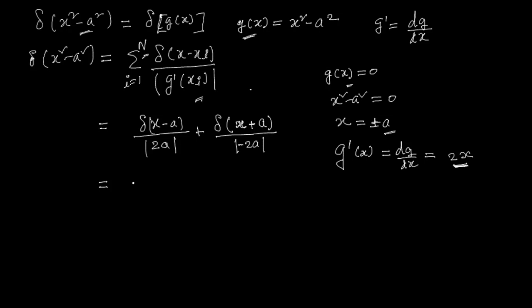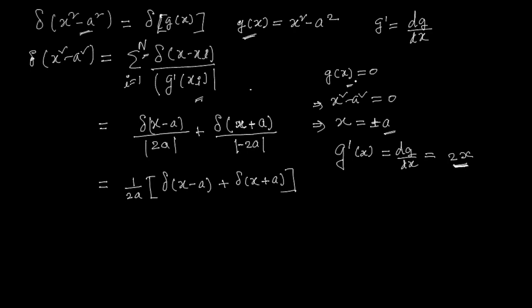So finally we'll get 2a delta of x squared minus a squared equals delta of x minus a plus delta of x plus a. Okay.